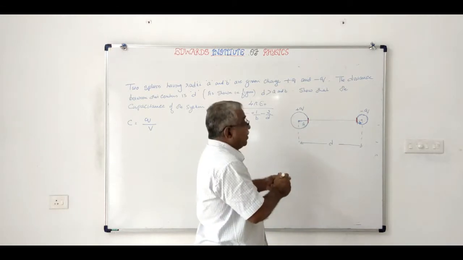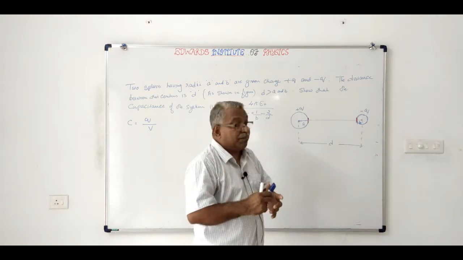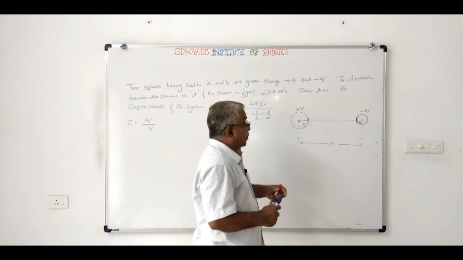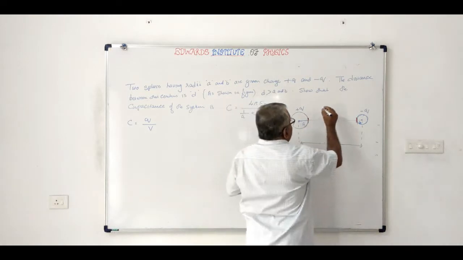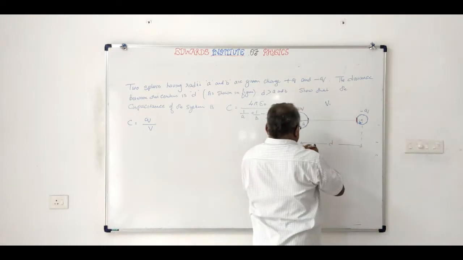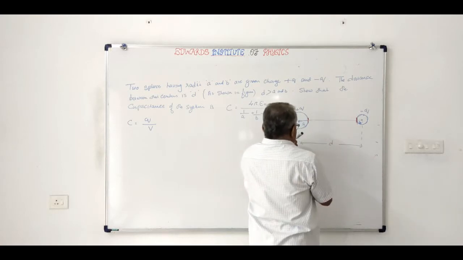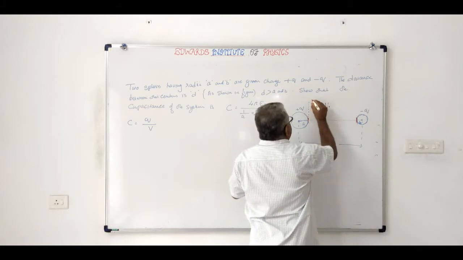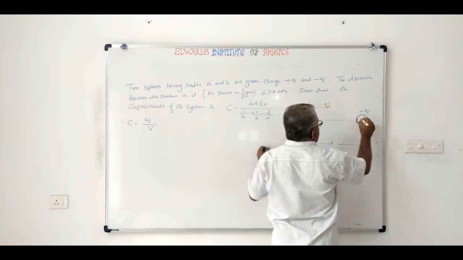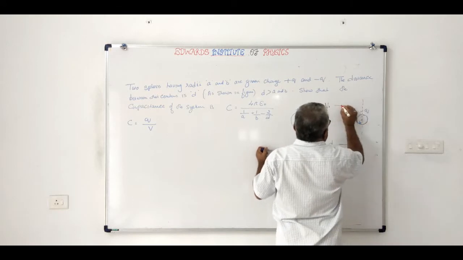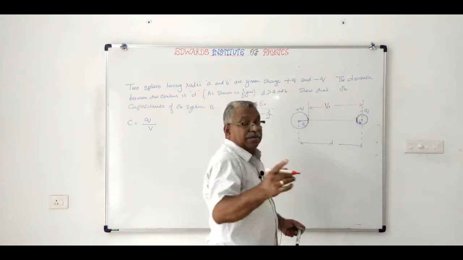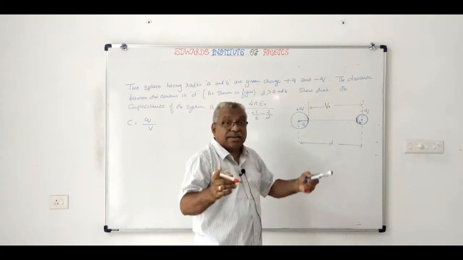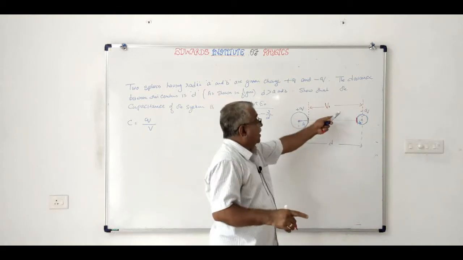Let V1 be the potential created by sphere A, the first sphere with plus Q. If it was of the same radii, the problem would not have been difficult. Here, since the radius is different, we have to apply it like this.